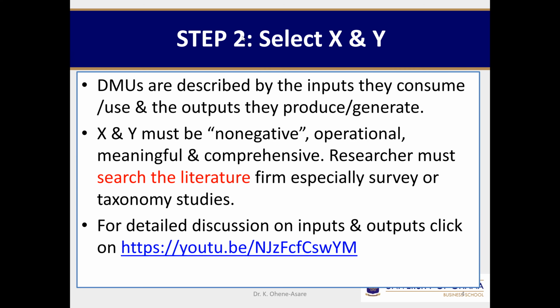And this step is difficult for most researchers. Who can tell me why it's difficult for most researchers? Why is the selection of the inputs and outputs difficult for most researchers? Anybody with an idea? Well, it's not too hard, but why may that be hard?